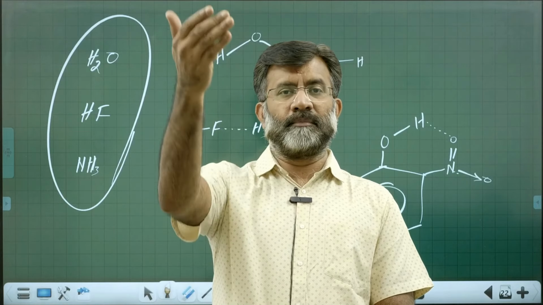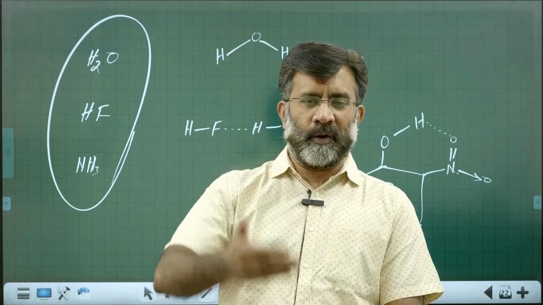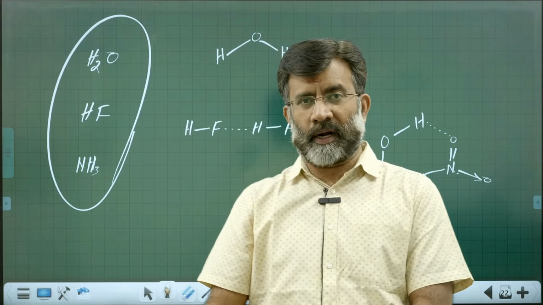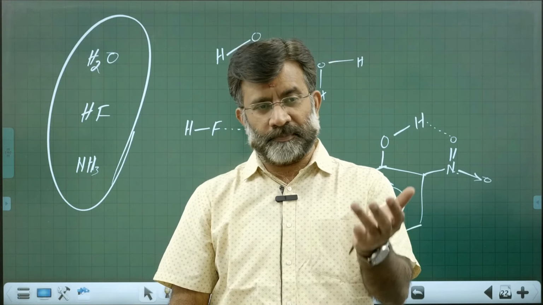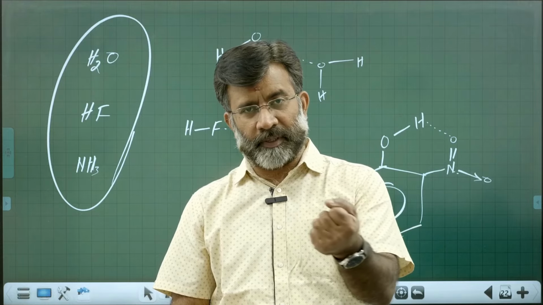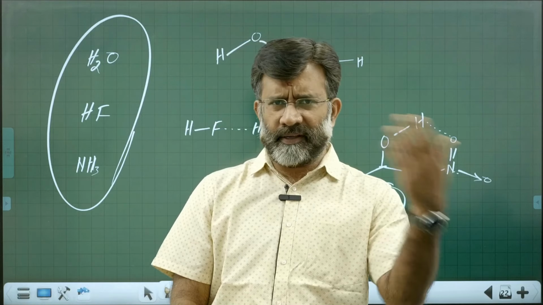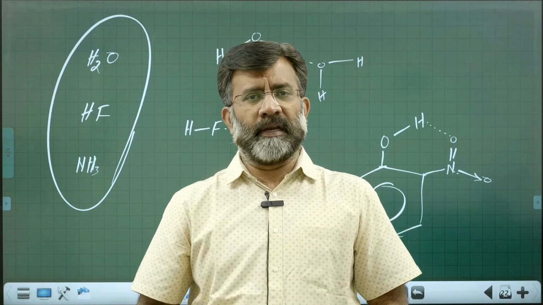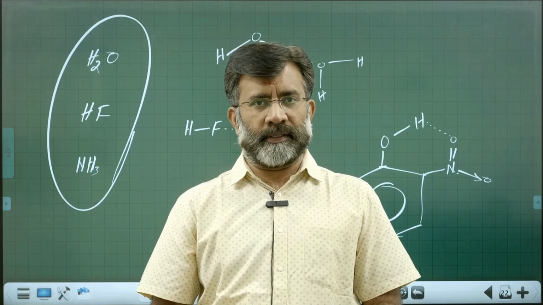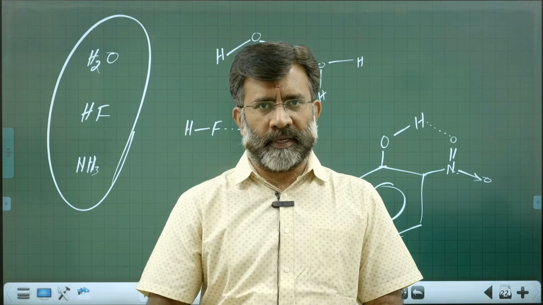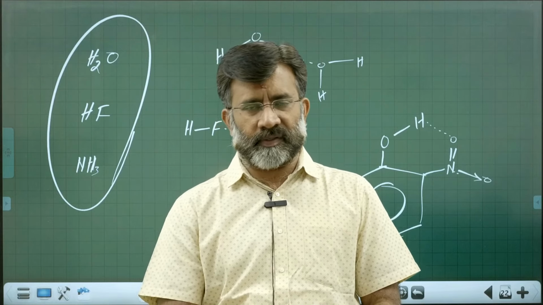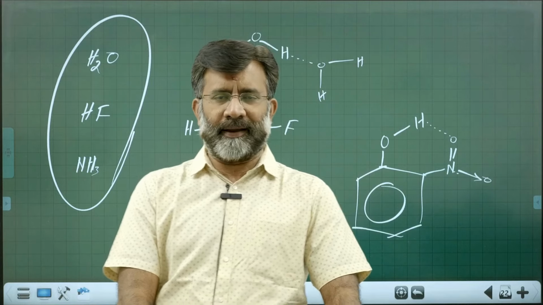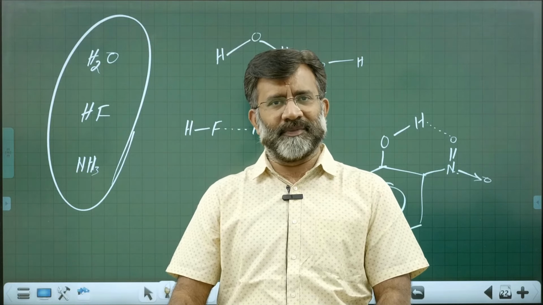Then the important theories: VSEPR theory, lots of molecular systems, VB theory, various types of orbital overlapping, hybridization, sp, sp2, sp3, sp3d, sp3d2, sp3d3, etc. Various other varieties we are going to discuss in complex chemistry also. And finally, MO theory, molecular orbital theory, bonding molecular orbital, anti-bonding molecular orbital, exercises on nitrogen, oxygen and other systems. And finally, hydrogen bonding. These are the important areas from the chapter.